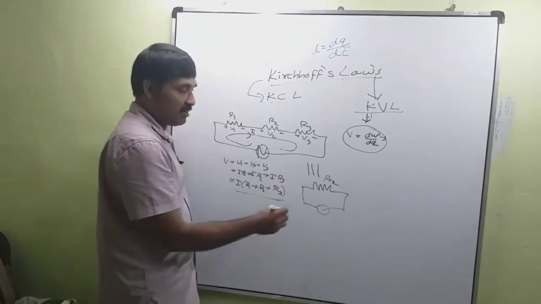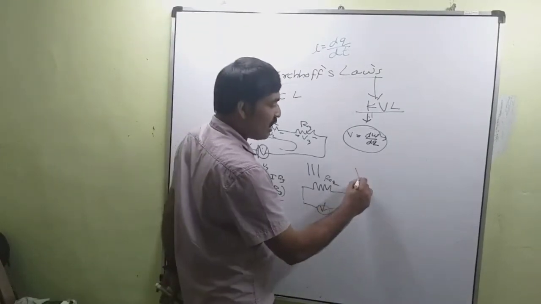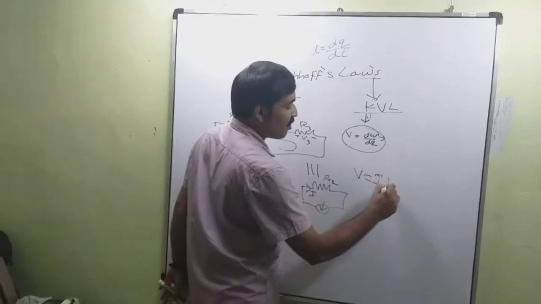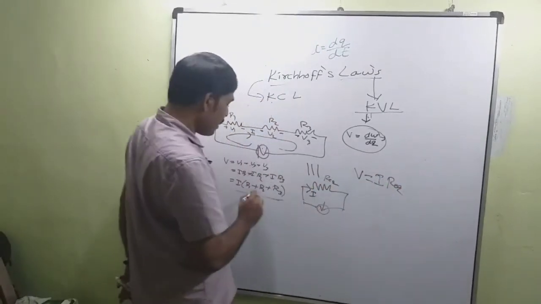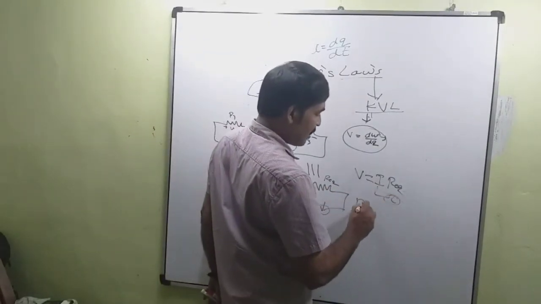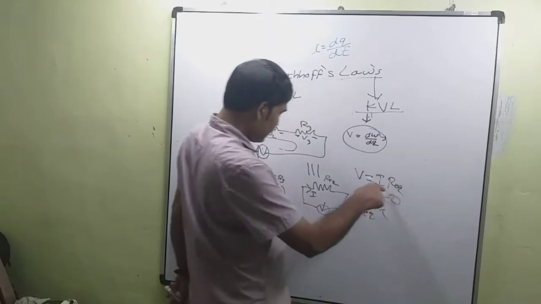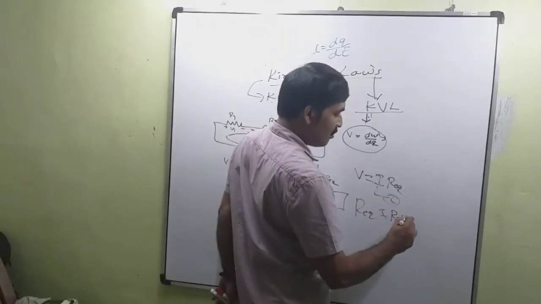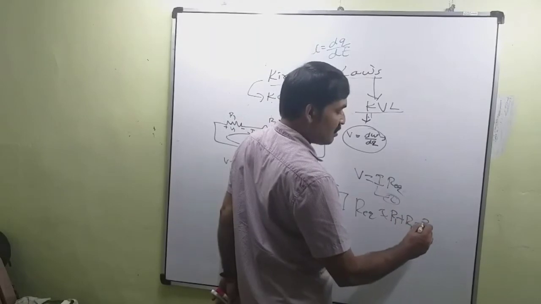Now V is equal to I into R equivalent. Comparing these two equations, we get R equivalent equal to R1 plus R2 plus R3.